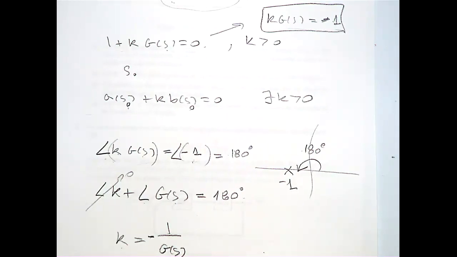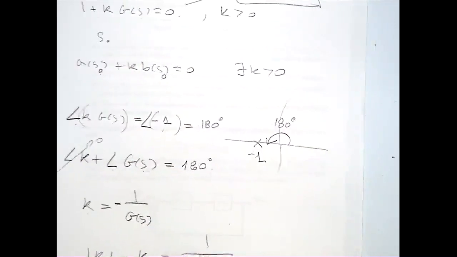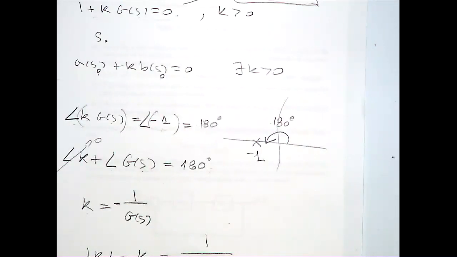So the absolute value of K is the same as K, and the magnitude of the other side is 1 over the magnitude of G of S. So any point on the root locus should also satisfy this condition.